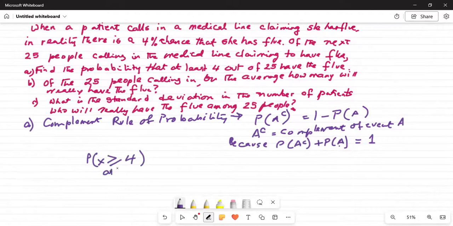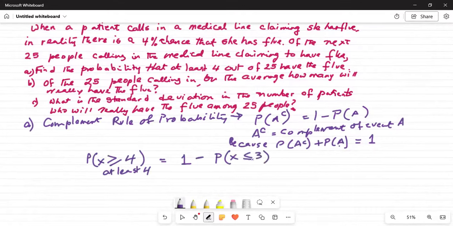That means at least, the lowest value is 4 and up until 25. The complement, which does not contain 4 to 25, gives 1 minus the probability of the event that is not contained, x less than or equal to 3.